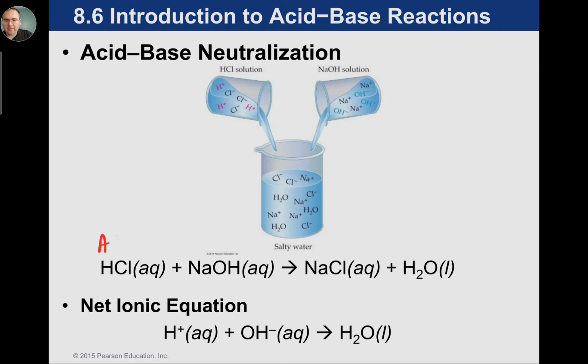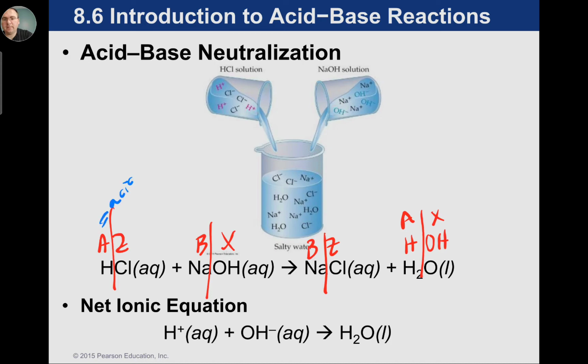You have AZ, you have BX, and now notice we have BZ, and if we write water as HOH, to make it a little bit easier to see, now we can see that here's the A, and here's the X. Consequently, you can also see that A in this case stands for acid, and B in this case stands for base.